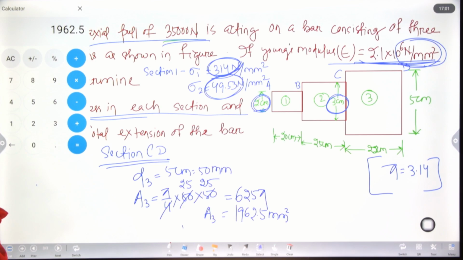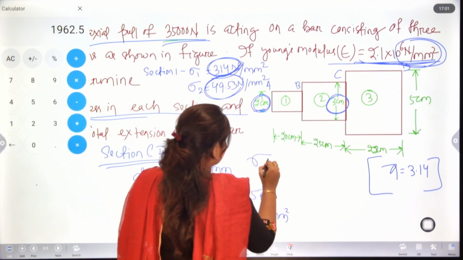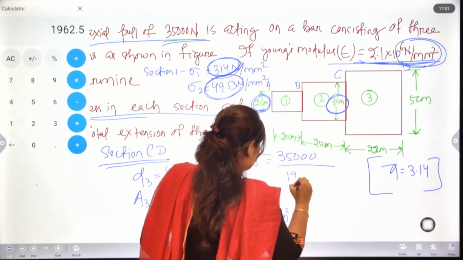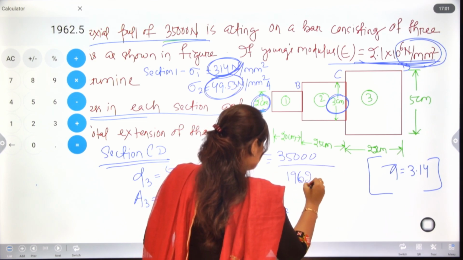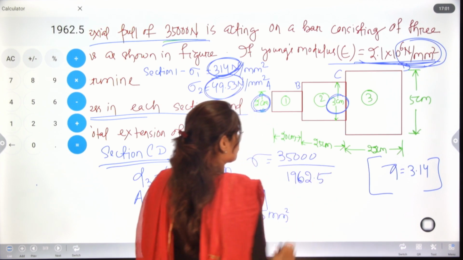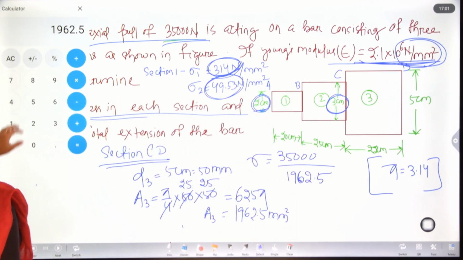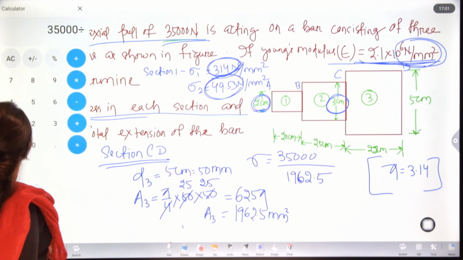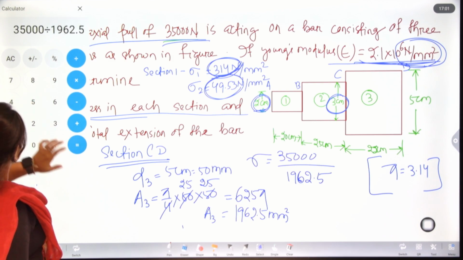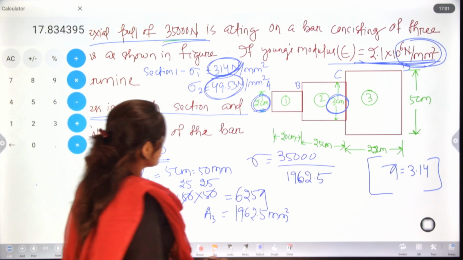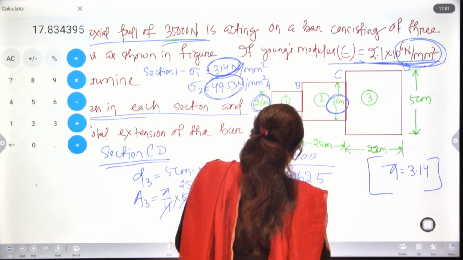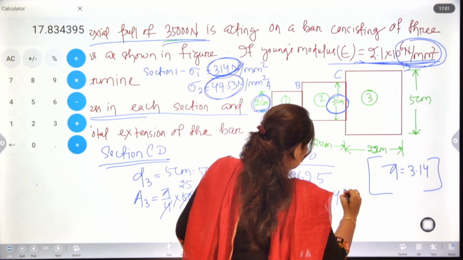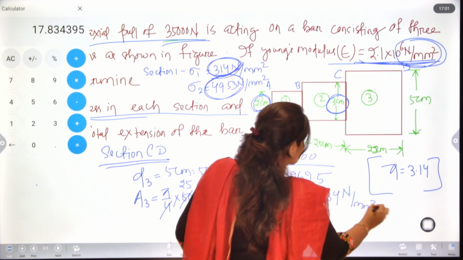So, the stress will become 17.834 Newton per mm square.